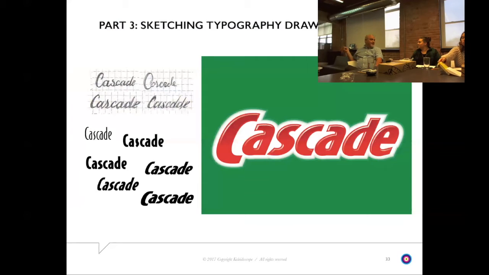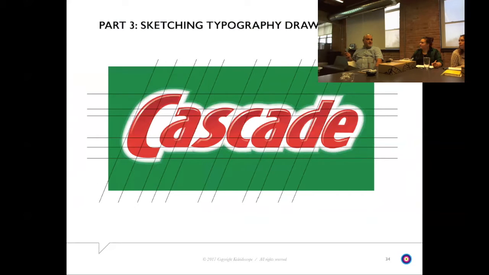And we're going to draw this Cascade logo that I designed in 1996. You can do it color, you can do it black and white, I don't really care. On the next page, you can see the grid is exactly the same, only instead of vertical lines, we're just using angled lines.